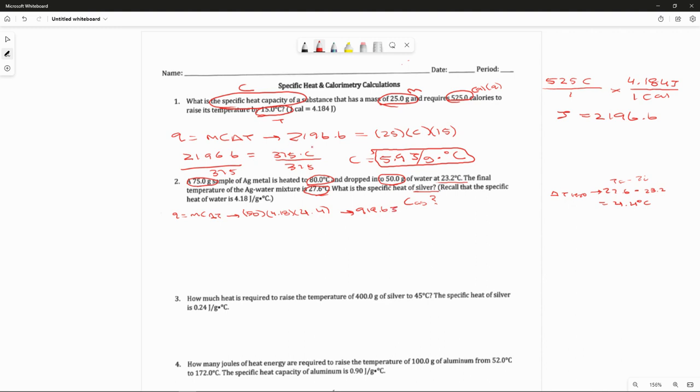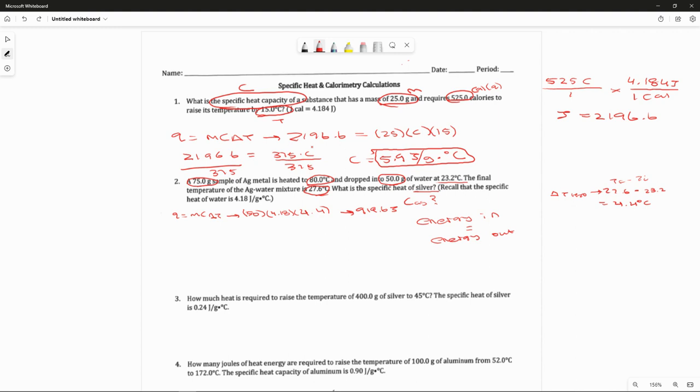So we know the heat, because of the law of conservation of energy, the amount of joules in equals energy out. If you're entering 919.6 joules, if it's positive, then what goes in is positive.